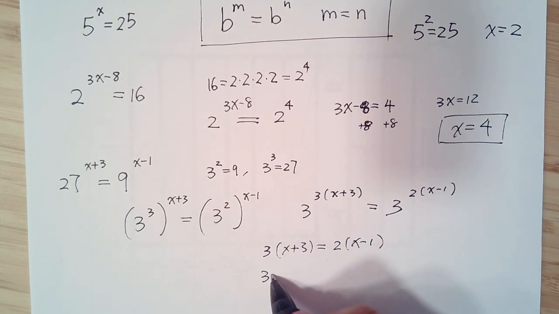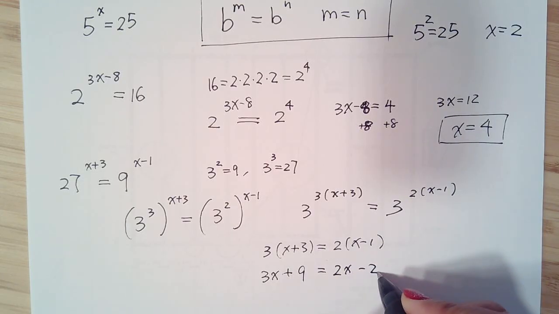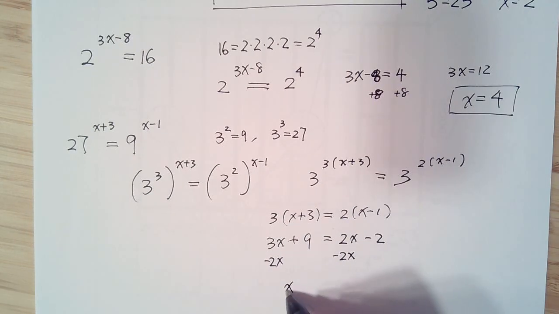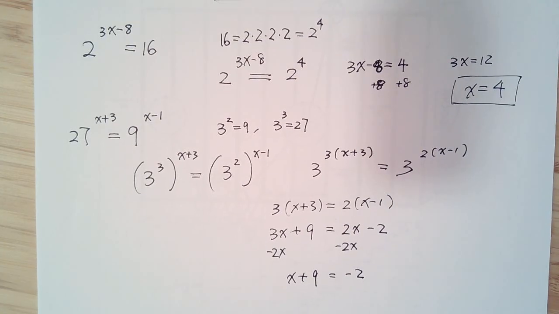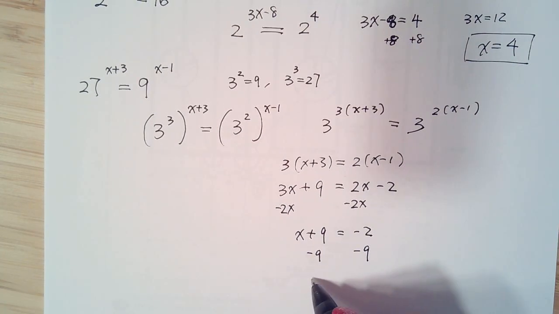Distribute: 3x plus 9 equals 2x minus 2. I subtract 2x from both sides. So I get x plus 9 equals negative 2. And then I subtract 9, so I get x equals negative 11.